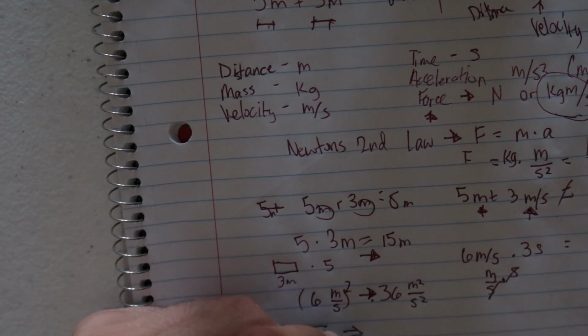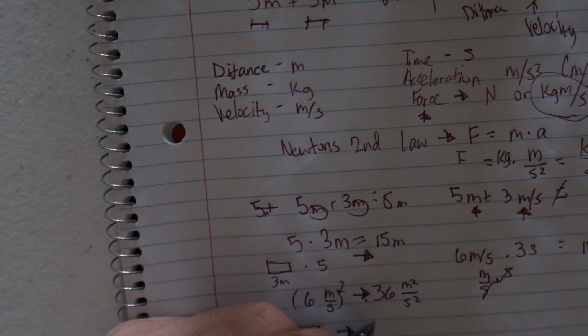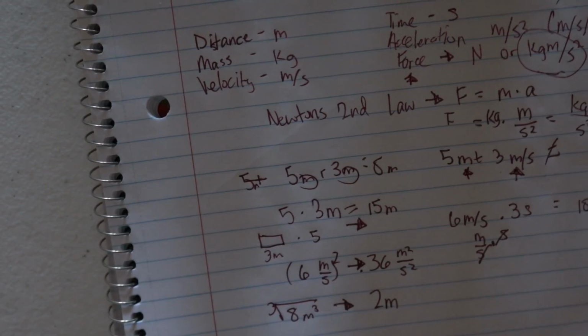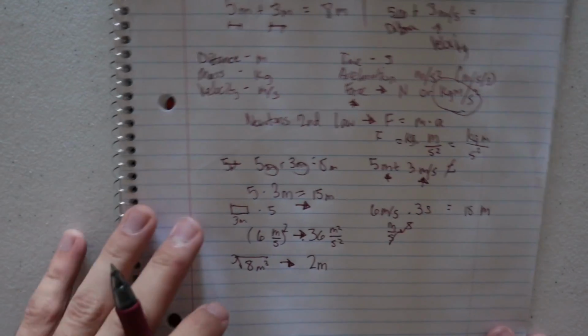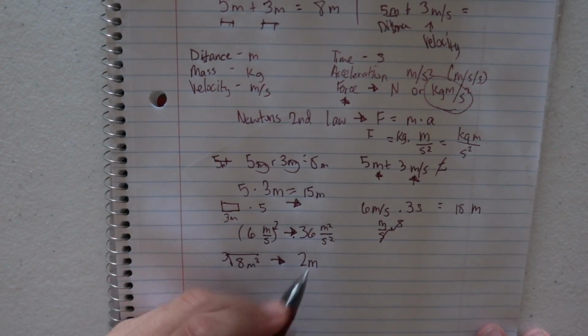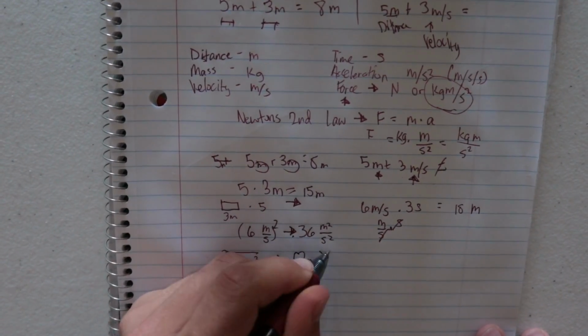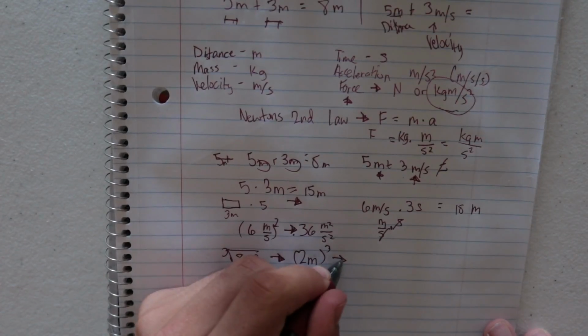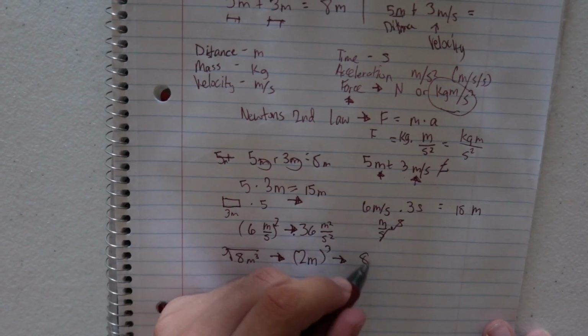What would this get us? The answer to this is 2 meters. And the reason 2 meters works is because if we take 2 meters and multiply it by itself 3 times, then we get back to 8 meters cubed.